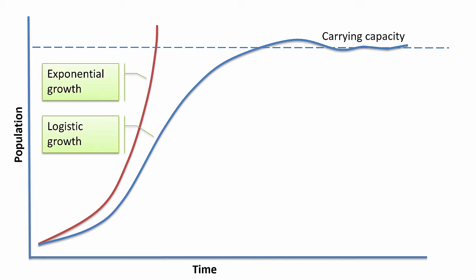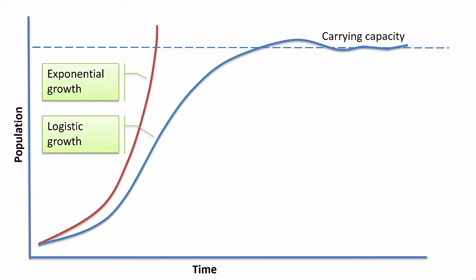Well, what are the consequences of exponential growth, the red line? As the population continues to increase and increase, at some point the resources available in that ecosystem to the population are going to get depleted and diminished. So the population at some point will end up resulting in some major crash and possibly even the entire population dying off.